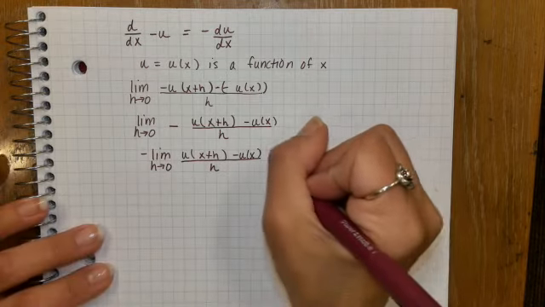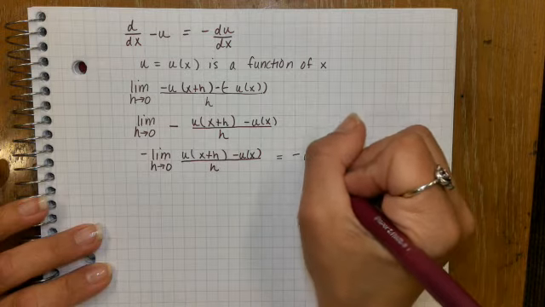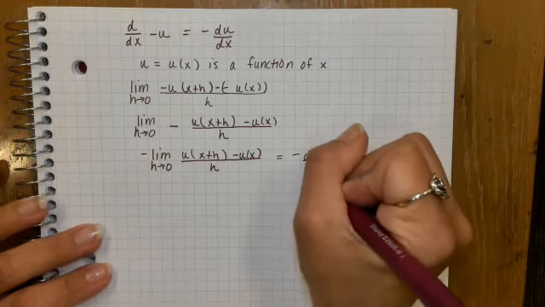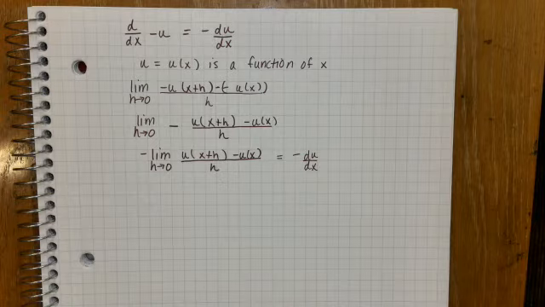And this, of course, is negative du dx. Lucky for you, not a whole lot of proofs. So you're probably going to want to go back and pause this and take another look at that.